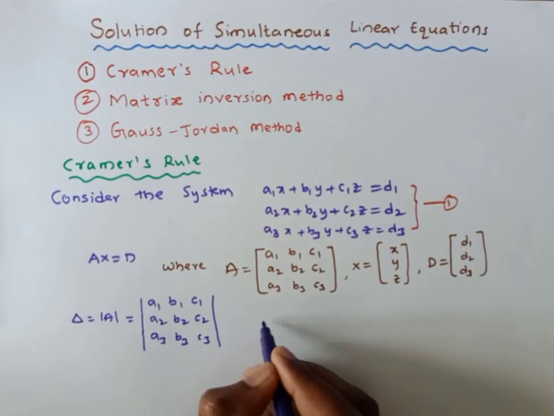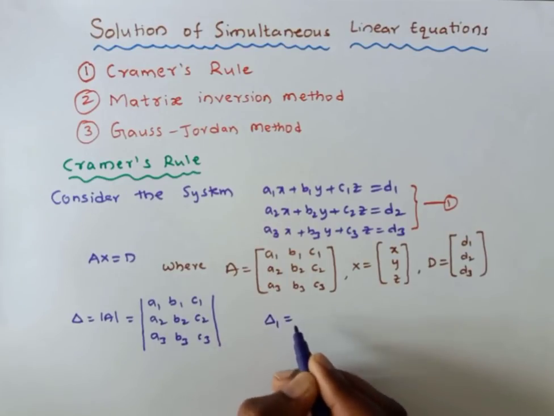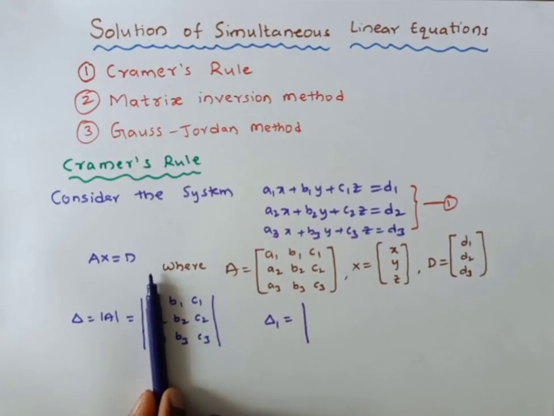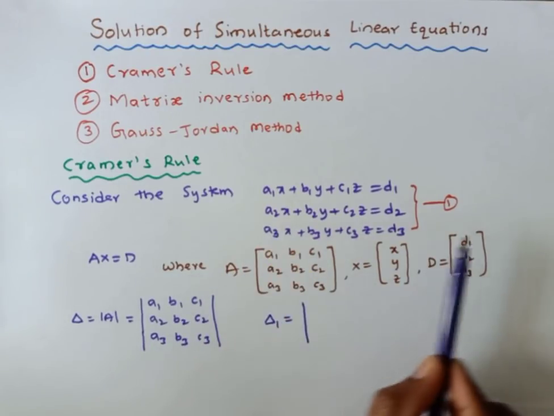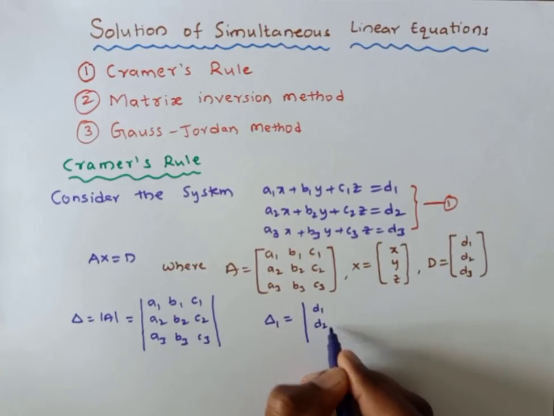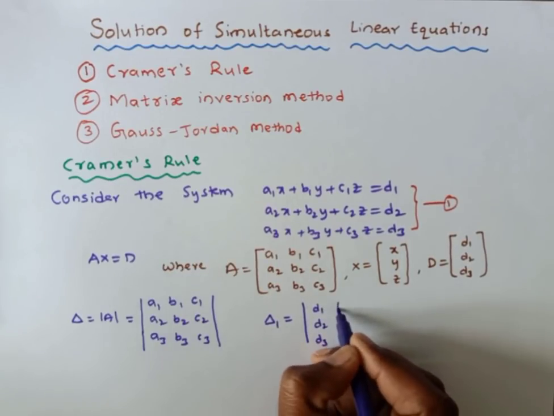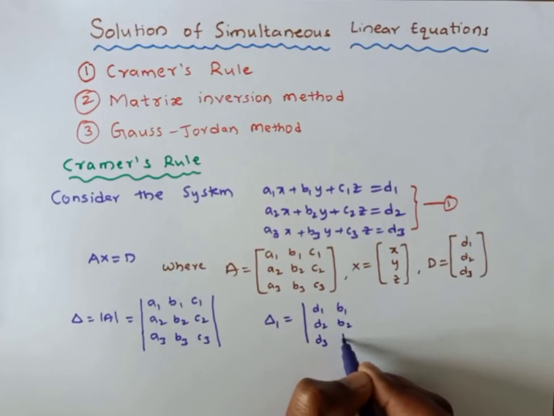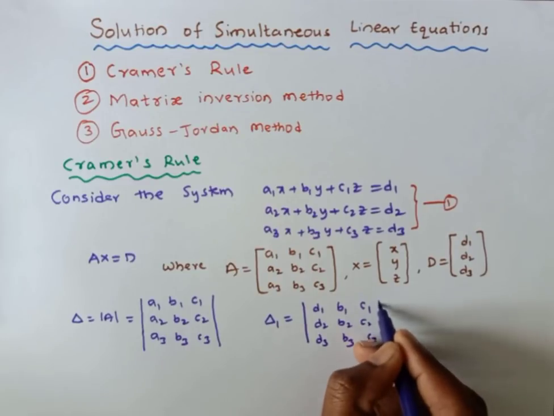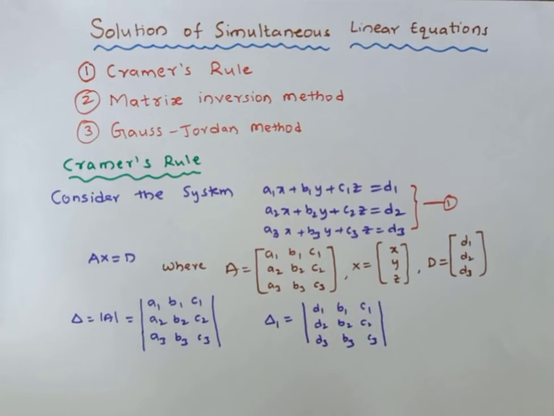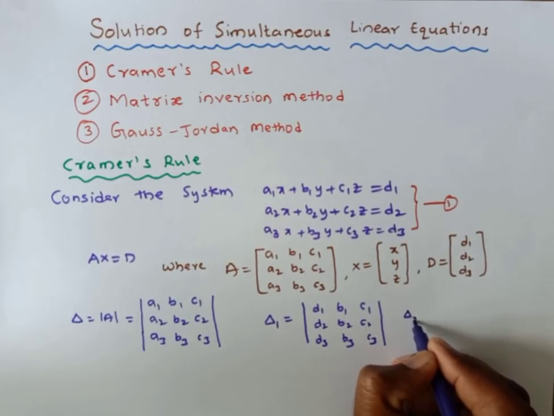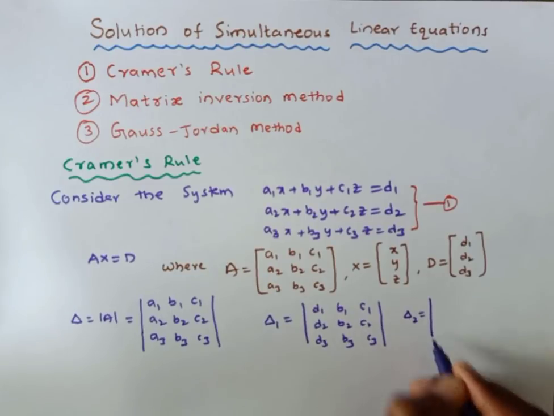Next, the delta 1 value. Delta 1 means replacing the first column of the matrix A with the constants, so this is d1, d2, d3, then b1, b2, b3, and c1, c2, c3 as they are. That is also a determinant.